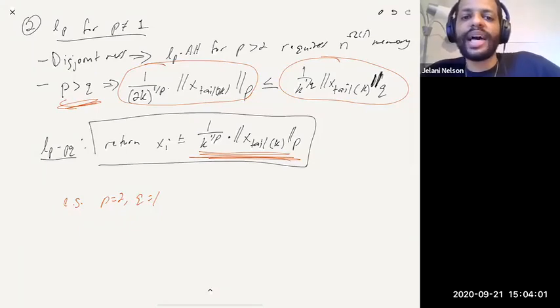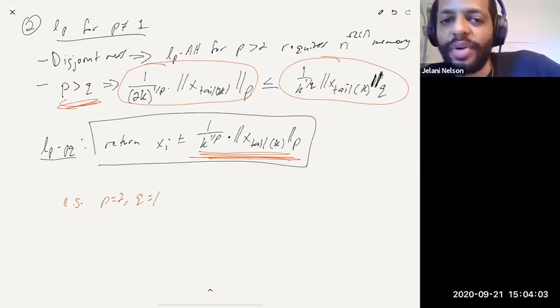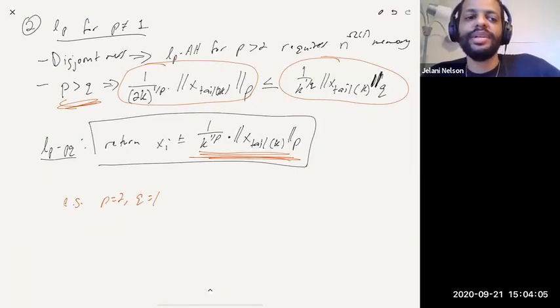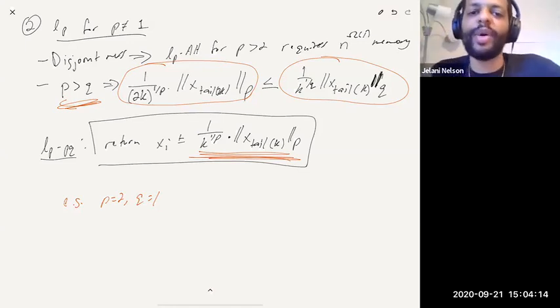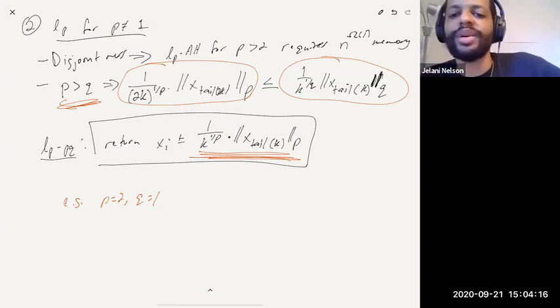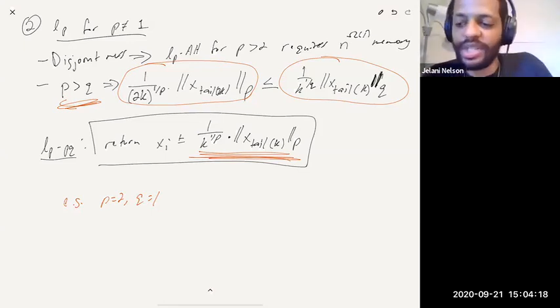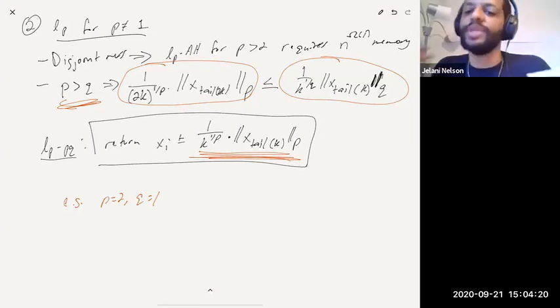So the first bullet says I can't hope to solve the problem when p is bigger than 2. The second bullet says the larger the p, the better, meaning lower error. So let me try to make p as big as possible. Oh, I can't make p bigger than 2 because that would require a lot of memory. So the best I can hope to do in low memory is to solve the case that p equals 2.